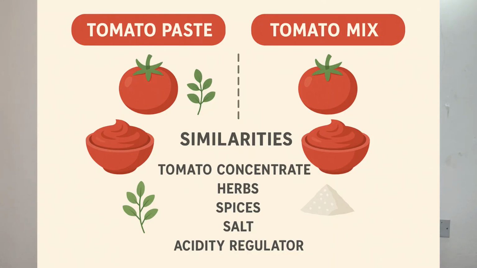The differences between tomato mix and tomato paste are: one, both of them are made from tomato concentrates. And from that, both of them could contain spices, salt, lemon, and water.